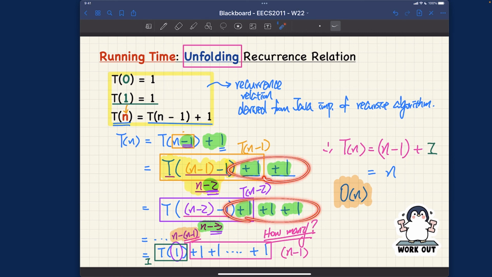And then eventually you want to argue that if I reach this particular base case, how many terms exactly do I need in order to add up all the constant terms plus 1, right? That's the principle you have to follow for all the unfolding exercises. It will be required if you want to calculate the recursive running time, right? Alrighty, so that's about the warm-up exercise, and let's now move on to doing the actual running time analysis for binary search.